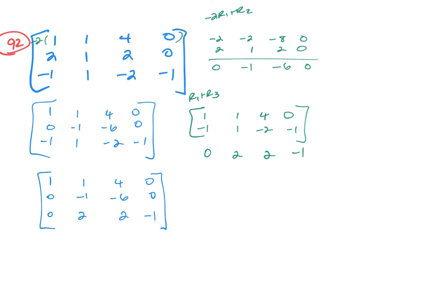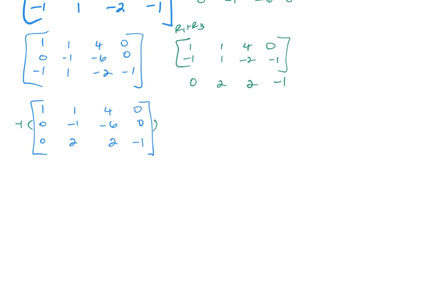Then I did, I don't know if this part I could do, but I did -1 times row 2. Is that fine? To get the 1 there? Yeah, like to divide it out. Mm-hmm. Then what? Then I did -2 times row 2 plus row 3.